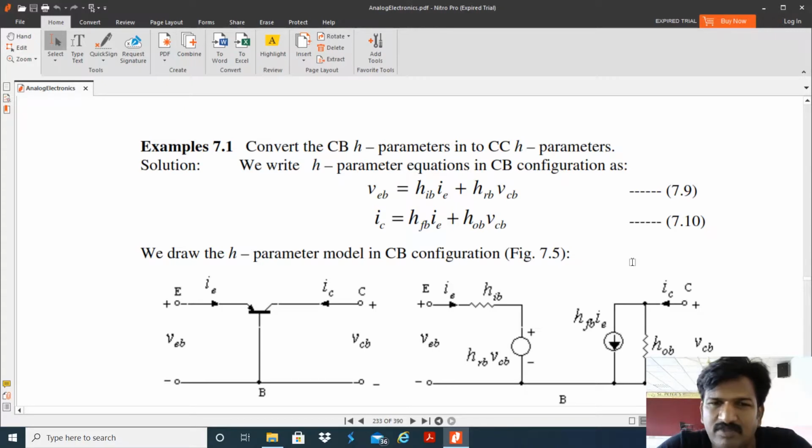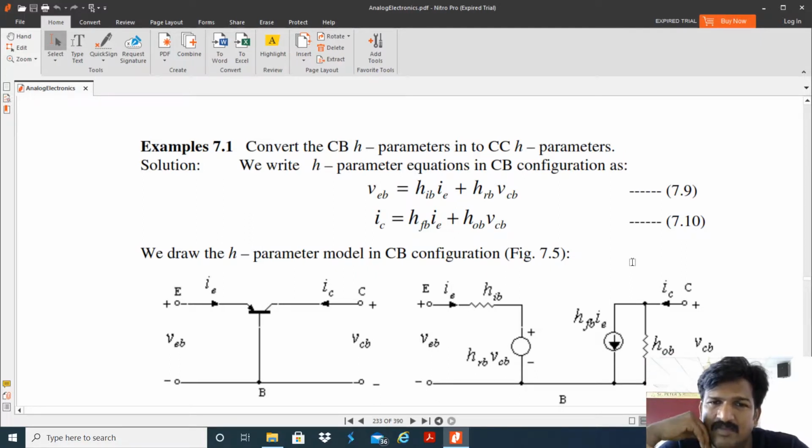The same phenomena you should follow. First take the basic H parameter model you want to convert, and draw it. And another one is the targeted H parameter model. You should understand what parameters need to be converted into which H parameters.